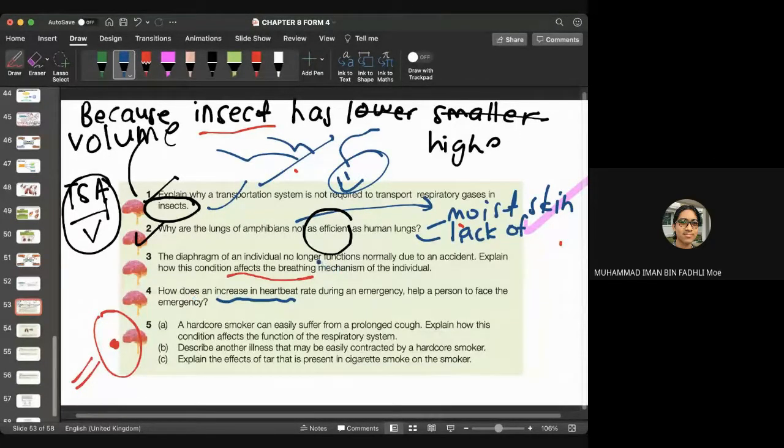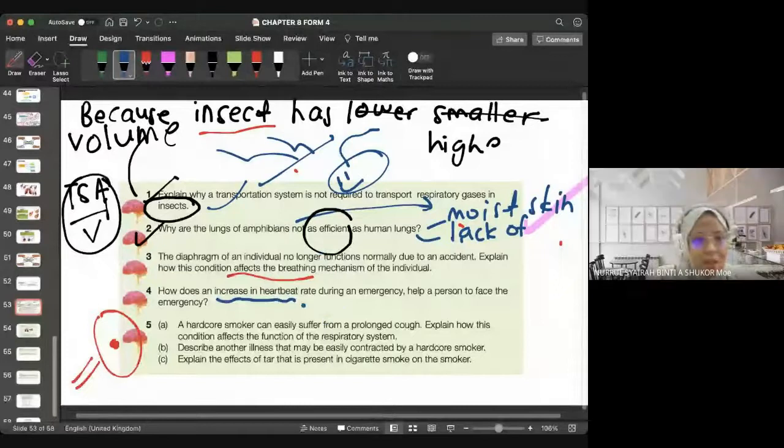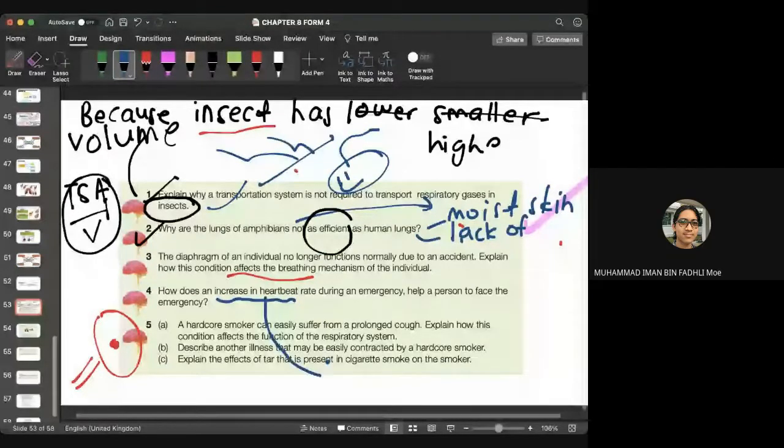Macam mana Iman? Increase in heartbeat. Increase in heartbeat will also result in increased breathing rate. Because of this, more oxygen will be able to be distributed to around the body.